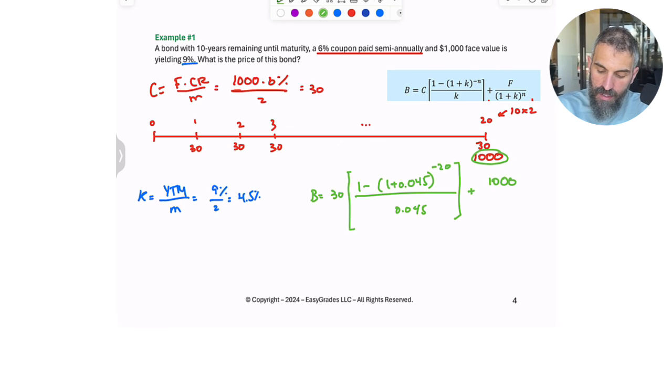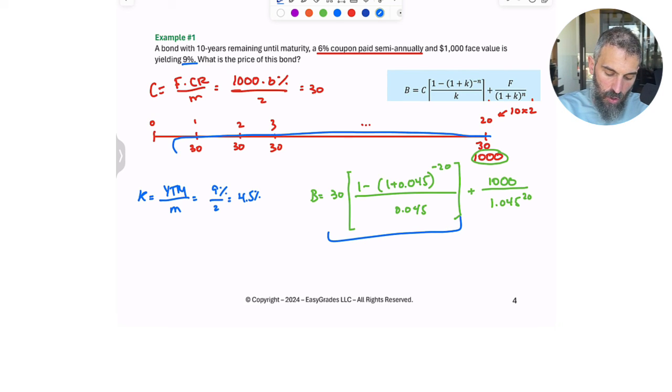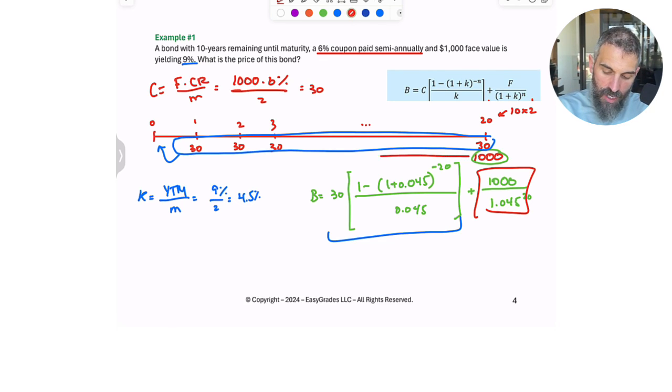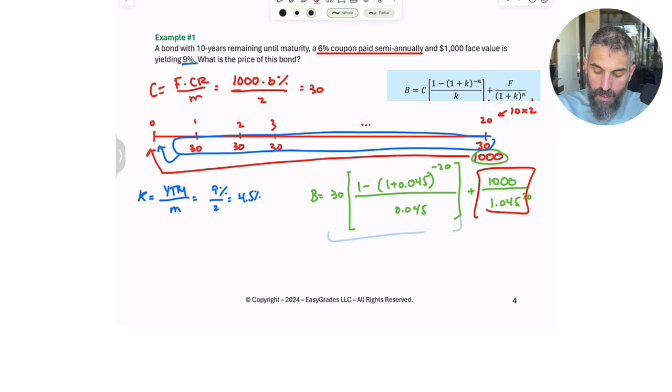So 1,000 divided by 1 plus K to the N. So the first part here is the annuity. So that's to discount all of your payments, right? That's to find their present value. And then the second part, this part here, is just for that lump sum at the end. Punch it into your calculators and you'll have your price.